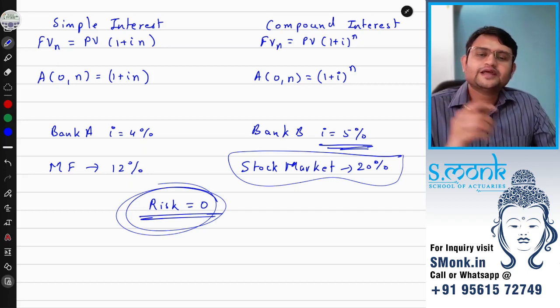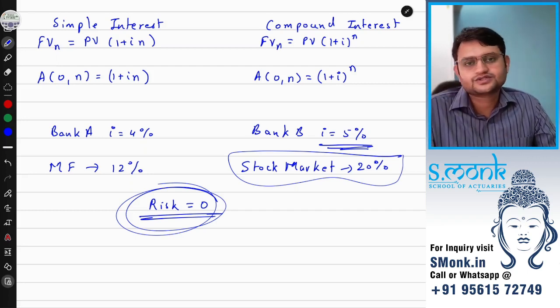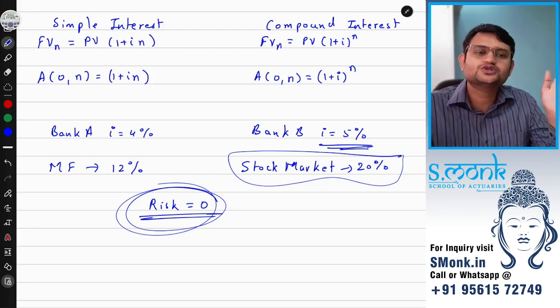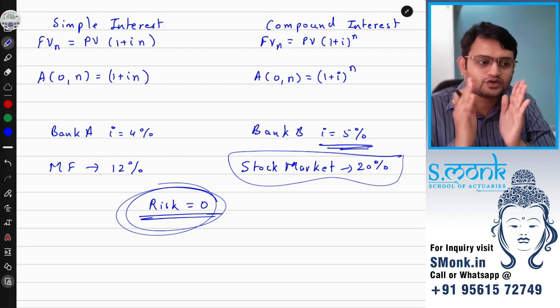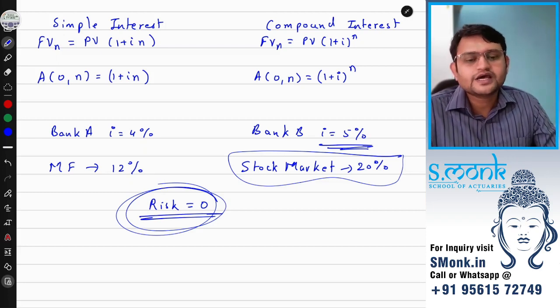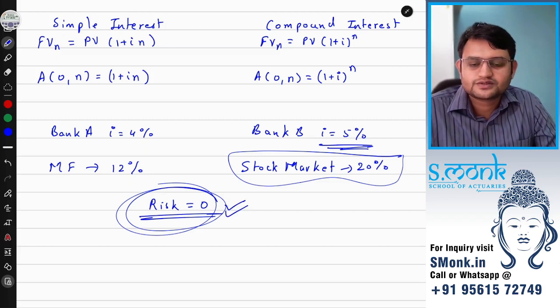So that is why technically we will only have one type of interest acting at a given point in time, because everybody is going to choose the same investment that is going to give you the highest returns if we assume zero risk.